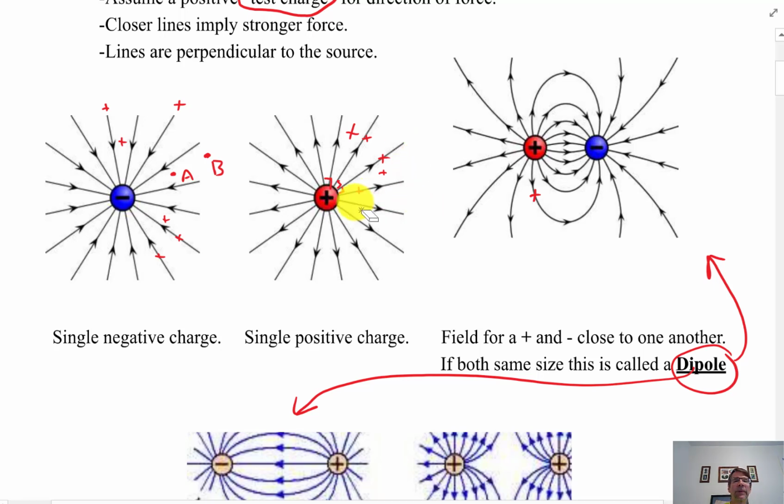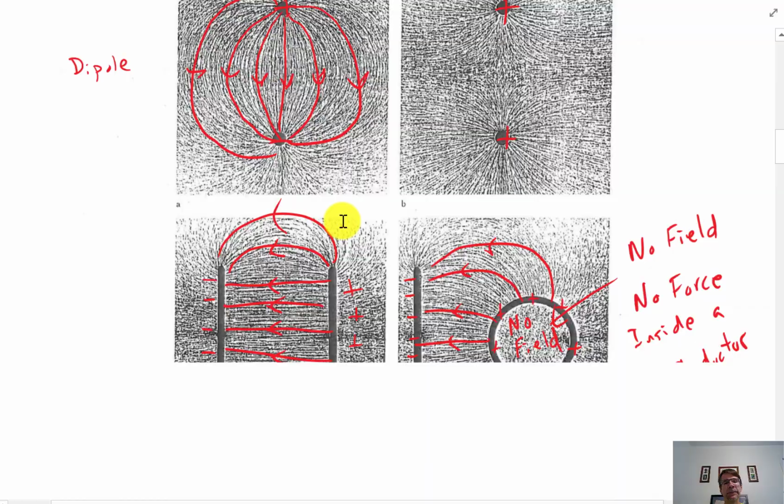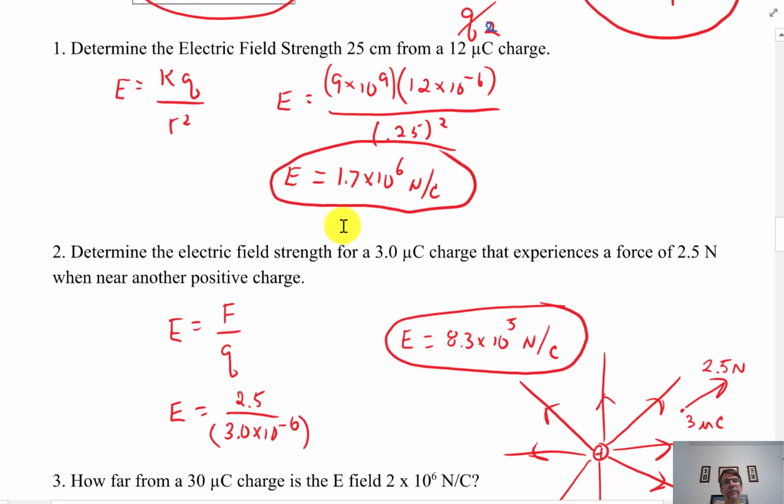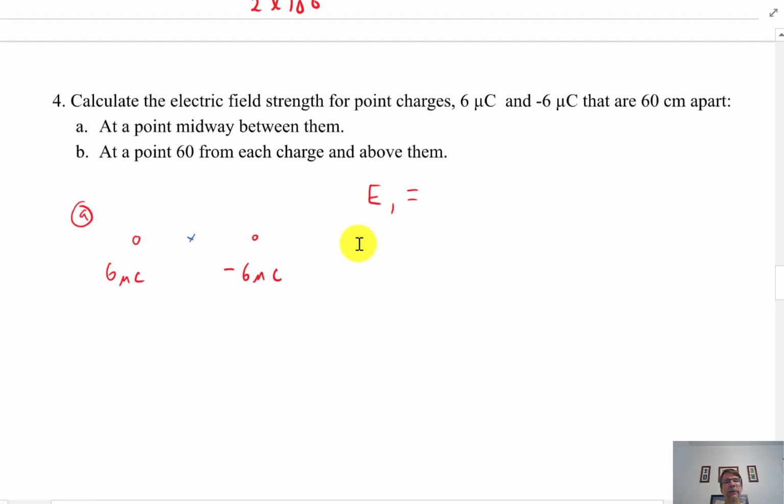So in this problem I'm going to draw just the part of the field that's right there, the part of the arrow to the right. I don't want to draw all of these lines. It's too much. And it's always away from the plus, so this is what I call E sub 1.